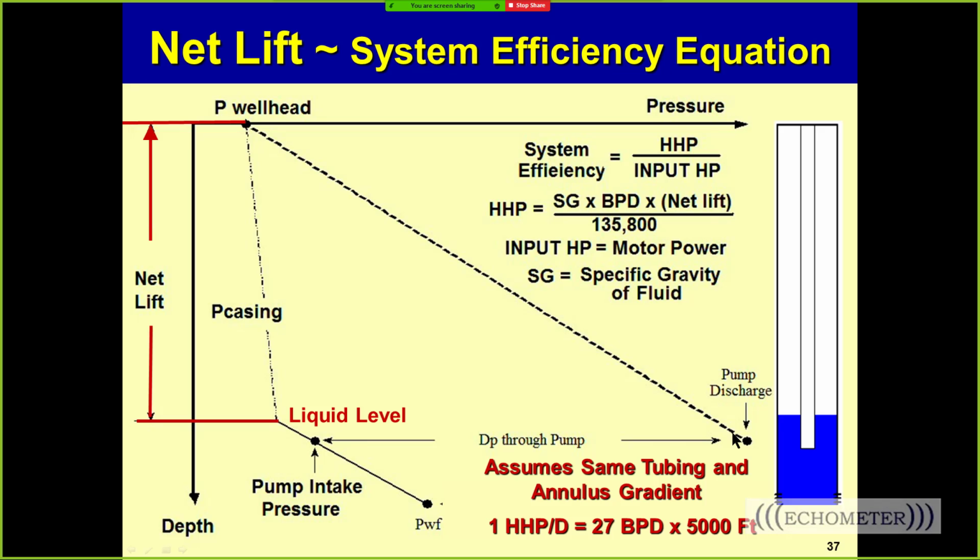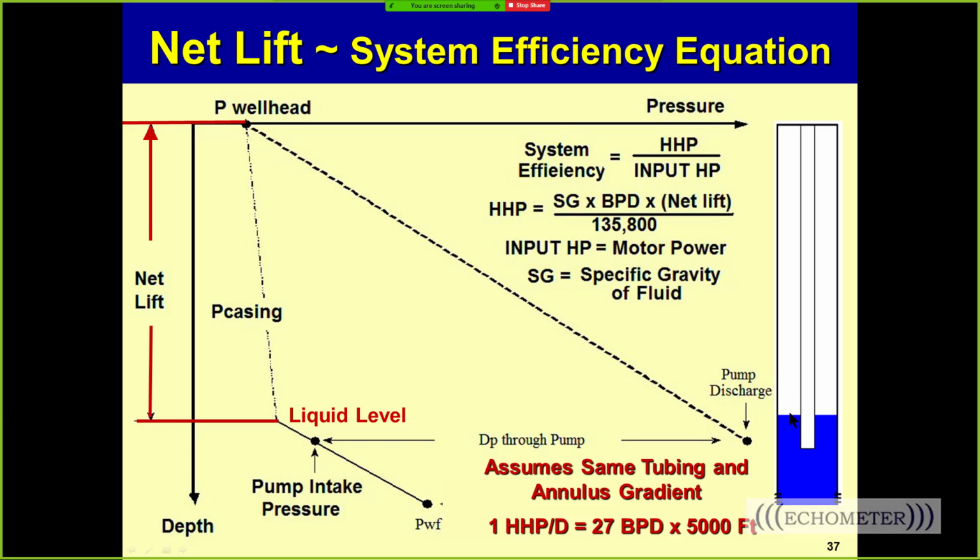So here's, everybody likes equations, the hydraulic horsepower equation. What does that mean? Well, it means that if you were to take some liquid down here, and you start from the surface and you raise the liquid from the liquid level up to the surface, that's called the net lift.